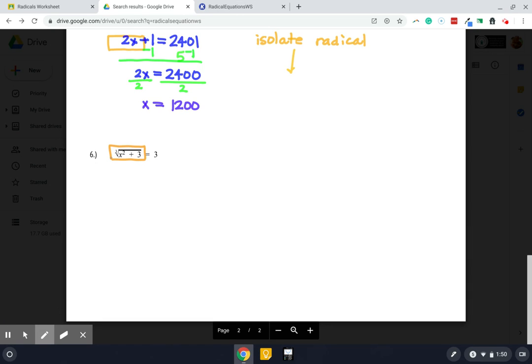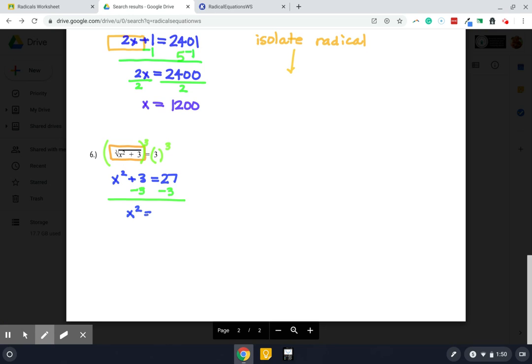So we have raising to the 3rd. We have x squared plus 3 equals 27. And from there, we're going to subtract 3. X squared equals 24. And then this is a weird one.